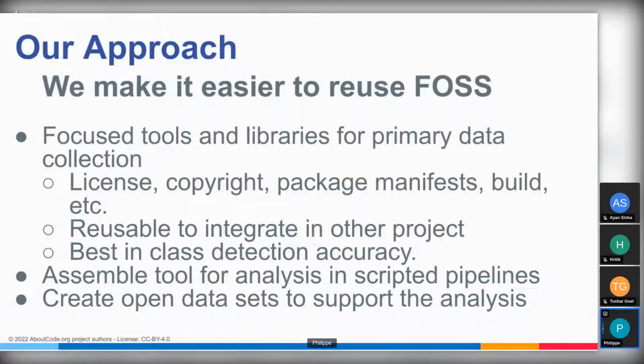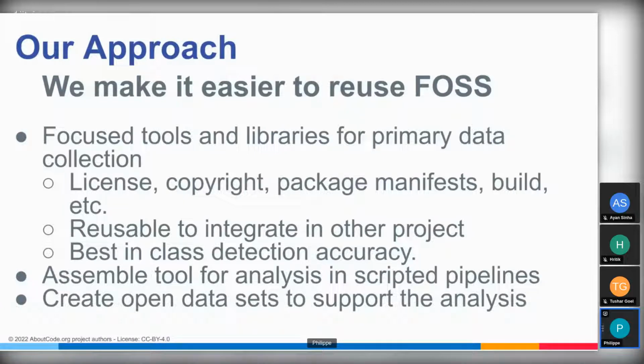So that means license, copyright, parsing package manifests. We tend to be pretty good at what we do, and it's actually because if we're not good, we won't do it. But we are pretty much considered best in class for detection accuracy for license, copyright, and packages.